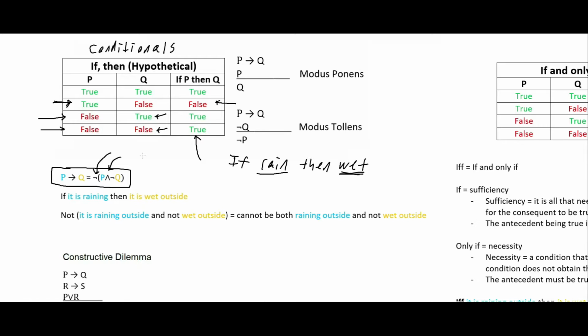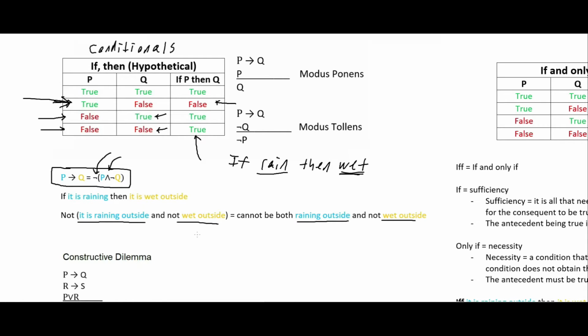These things are logically equivalent: if P then Q is logically equivalent to not (P and not Q). If it is raining outside, then it is wet outside, is logically equivalent to not (it is raining outside and not wet outside), because it's saying that it cannot be both raining outside and not wet outside. So that is this second one here.